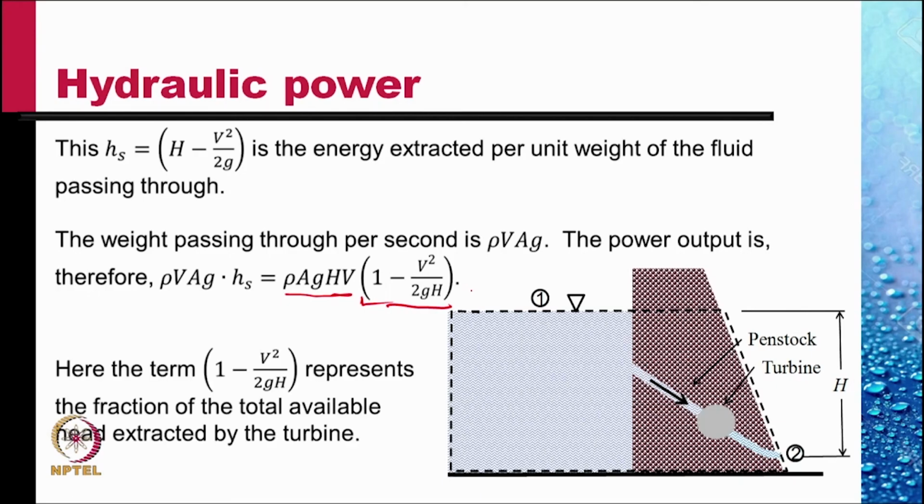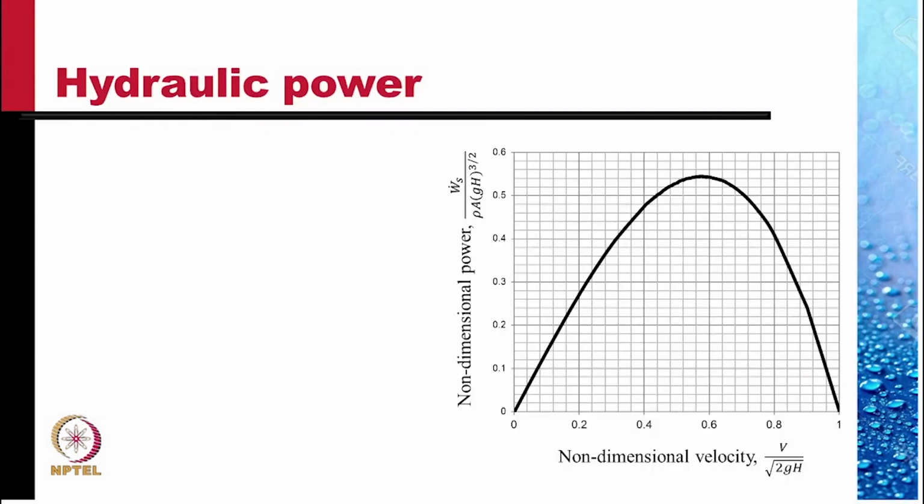Here the term 1 minus V squared by 2gH represents the fraction of the total available head which is extracted by the turbine. We plot the non-dimensional velocity, V by the square root of 2gH, against the non-dimensional power developed by the system, and we notice that there is a maximum power available.